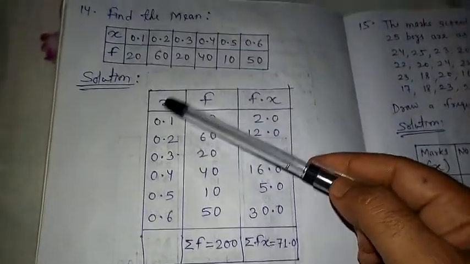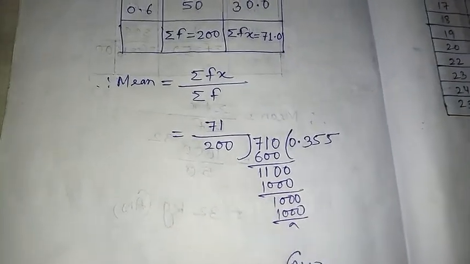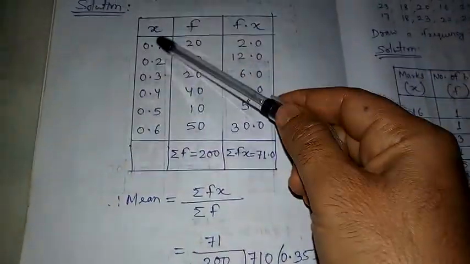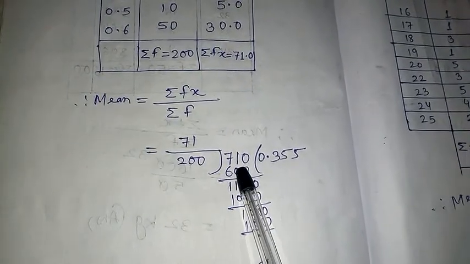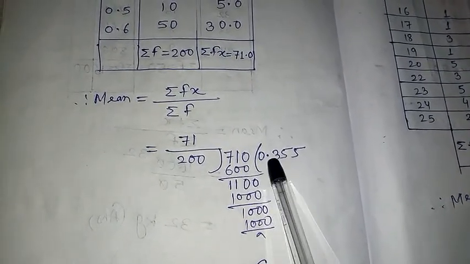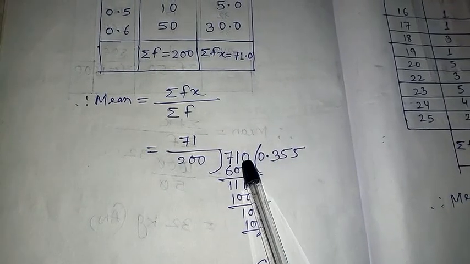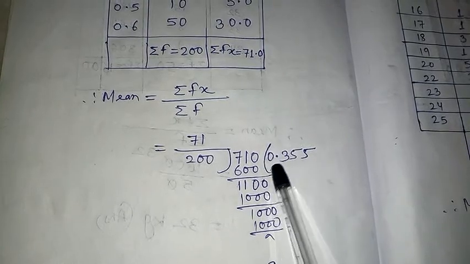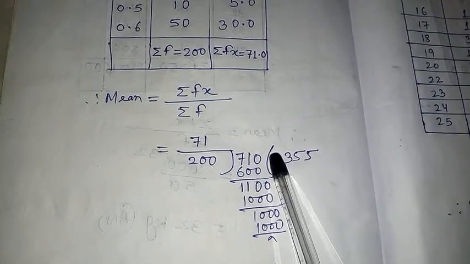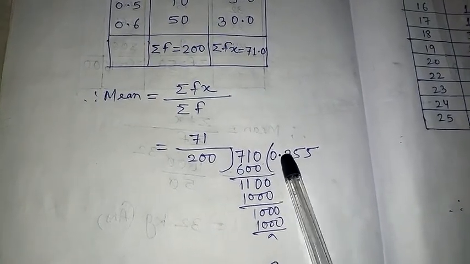As you know, the observations are given in decimal, so our answer also should be in decimal. If it were in fractions, here also we would write a fraction, but it is decimal, so we will go with decimal. You can see 71 cannot be divided by 200, so I will put a point and I get 0. Before putting the decimal, a 0 should be put here, so this 0 I have put simply to decorate the decimal.